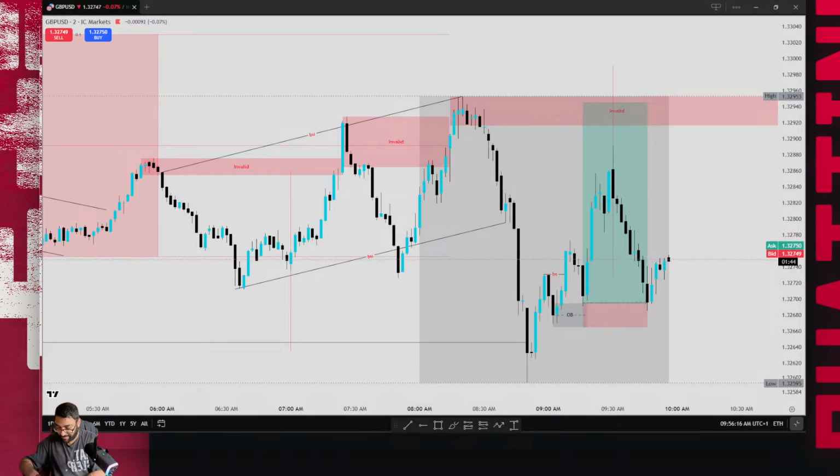I missed this because I was posting the GBPUSD on X. That would have given partials, so I would have taken money out of the market.